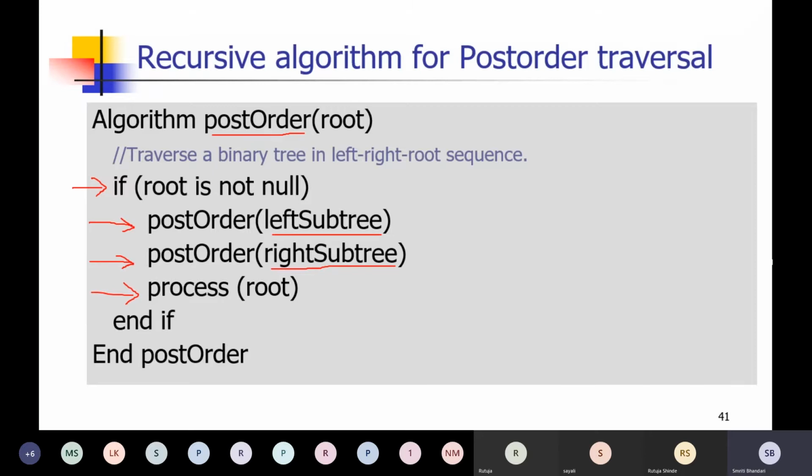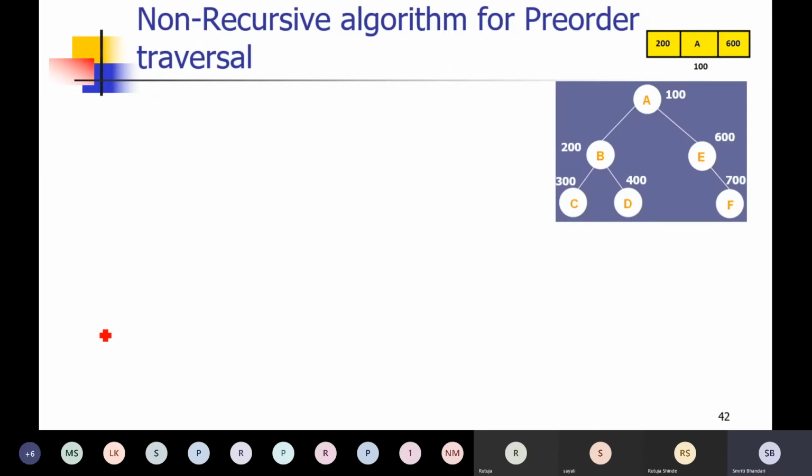Comparatively, recursive algorithms are easy to write, but sometimes it may be difficult to understand. So try to simulate the calls and try to understand how this recursion is working. Now let us proceed with non-recursive algorithms.